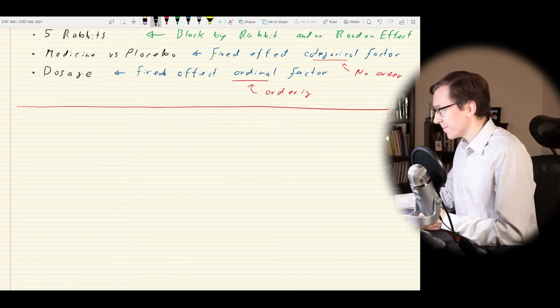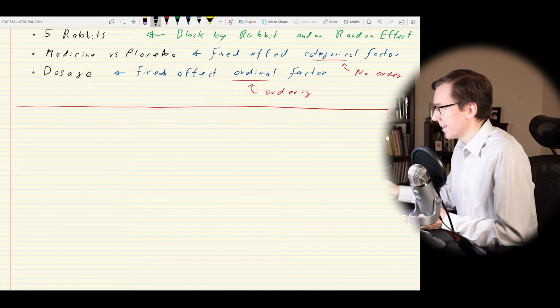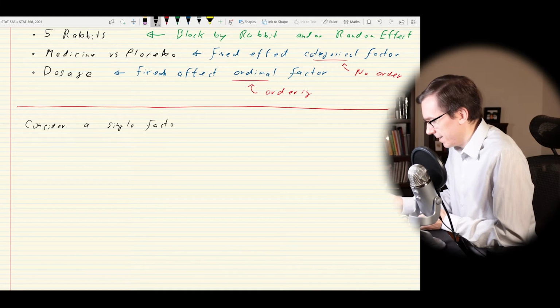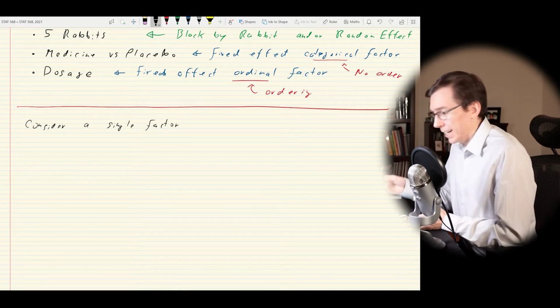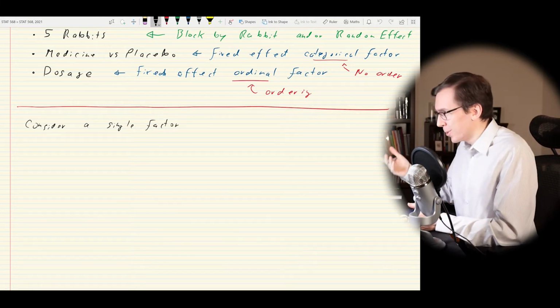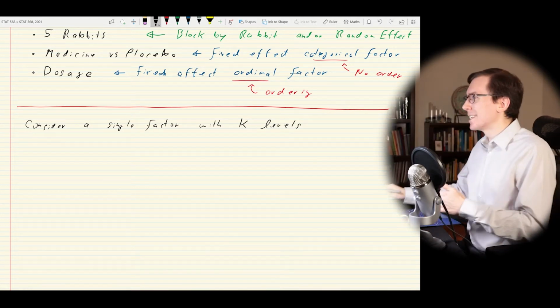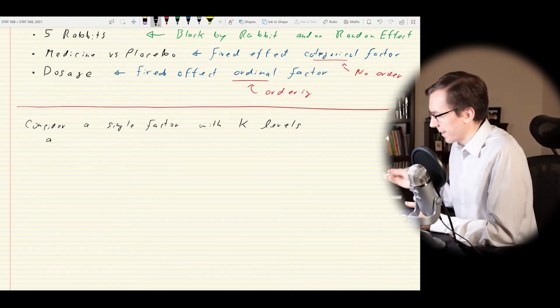So what's the setup here? Let's consider a single factor, like again, my Canadian provinces or otherwise, a single factor with K levels. 10 in the example of the Canadian provinces, my hypothetical example here.